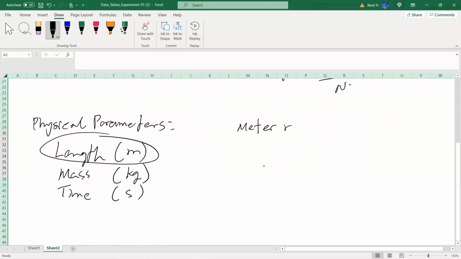But in next week's experiment, you will see that if I want to measure some very small length values, like at the millimeter level or even less than 1 millimeter, then the meter ruler is not good. We have to find a different instrument to do that. Okay, that's the plan for the next experiment. So in this experiment, since the length values are much larger, the meter ruler is good.